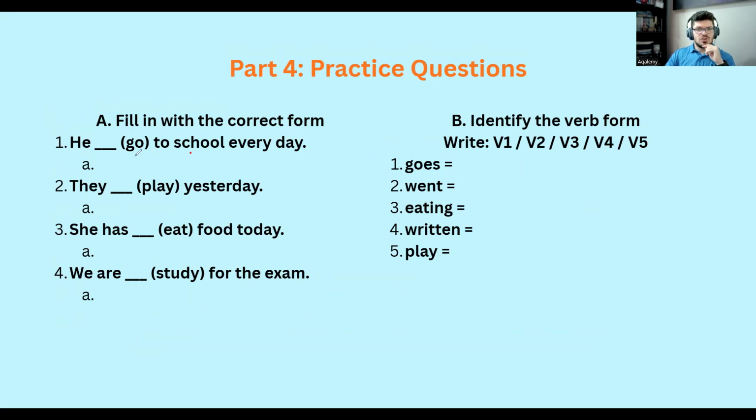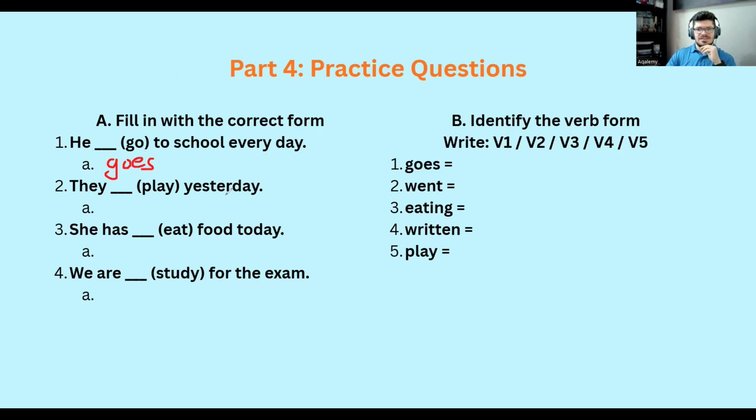If you want to use go, then this one must change to a plural subject. They go, we go to school every day. But because they want us to change go to match with he, we must use the word goes. He goes to school every day.